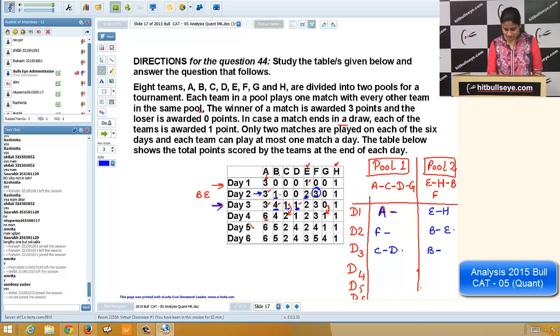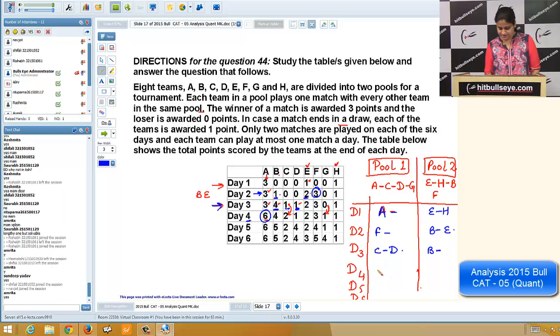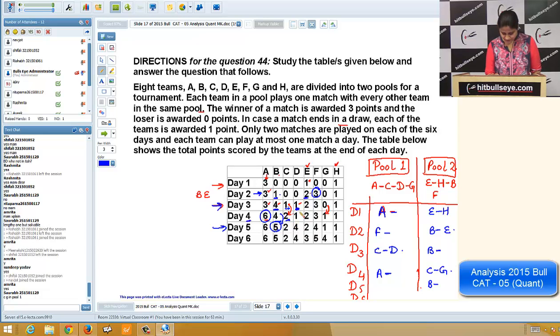Are you getting me? Now day 4, A is getting 6 points. It means A is winning that match. C is going from 1 to 2 and G is going from 0 to 1. It means C and G are playing a match. Coming to day 5, B is coming from 4 to 5. It means B is playing a match which is a draw, and D is getting 4 points.